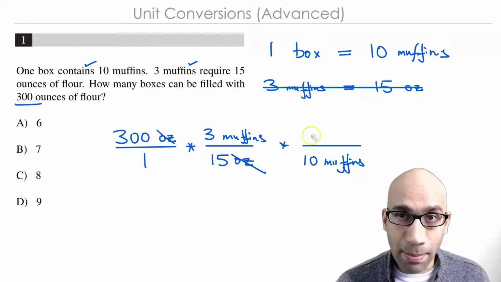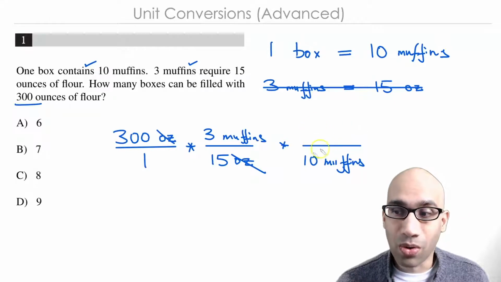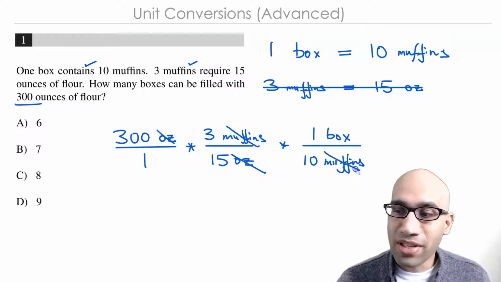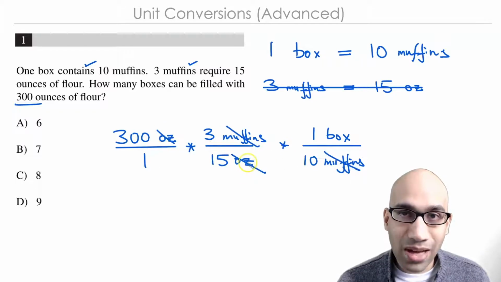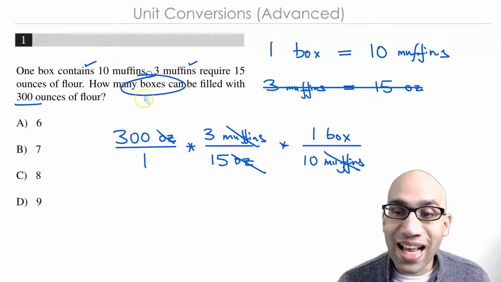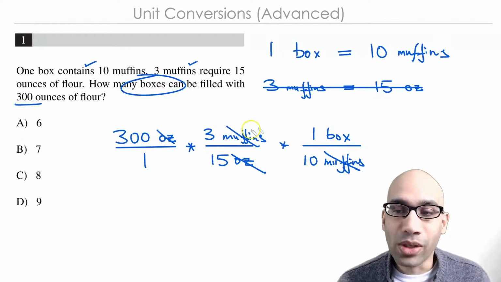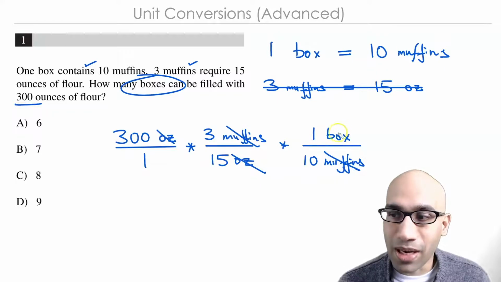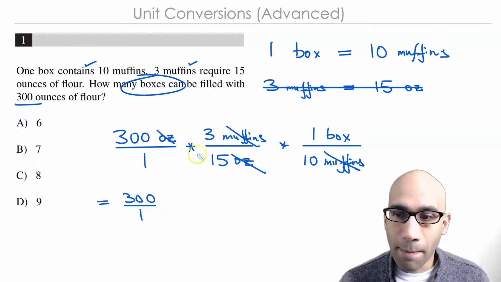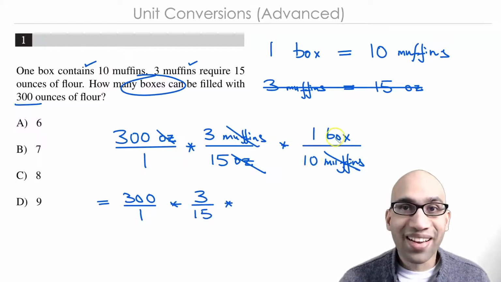So you're going to have to write 1 box here, because you already have muffins here in the denominator. And now you just cancel out muffins and muffins. And so ounces and ounces is gone, muffins and muffins is gone, and you're left with boxes, and that's exactly what they're asking for. You only got these numbers, you're gonna have to multiply them, and you got this box unit right over here. Write down 300 over 1, multiplied by 3 over 15, multiplied by 1 over 10 box.